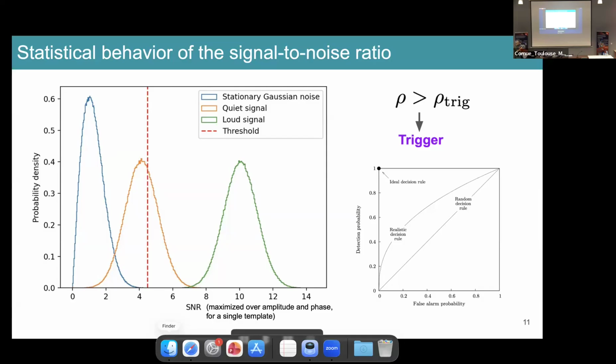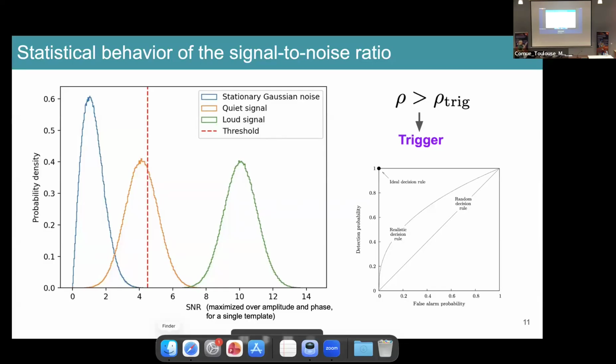And so you can imagine that if the signal is very, very quiet, so if the average SNR of the signal is much less than 1, then this distribution will be indistinguishable from the distribution associated with the null hypothesis, and it will be impossible to detect the signal. So there will be nothing you can do to detect the signal. It will be completely hidden in the noise.